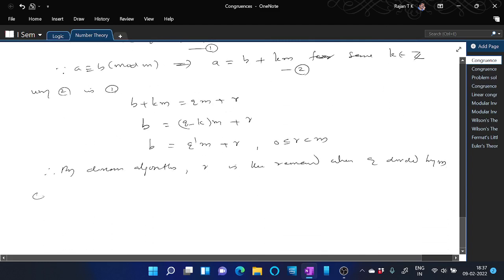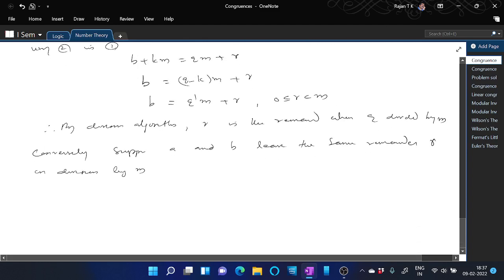So conversely, suppose A and B leave the same remainder, say R, on division by M. Thus by the division algorithm, A we can write as some Q into M plus R, number 1.